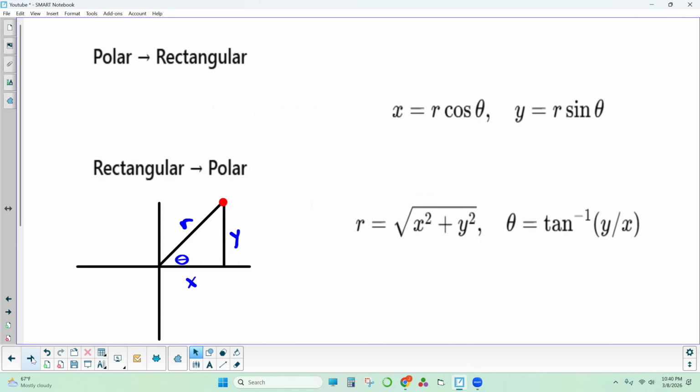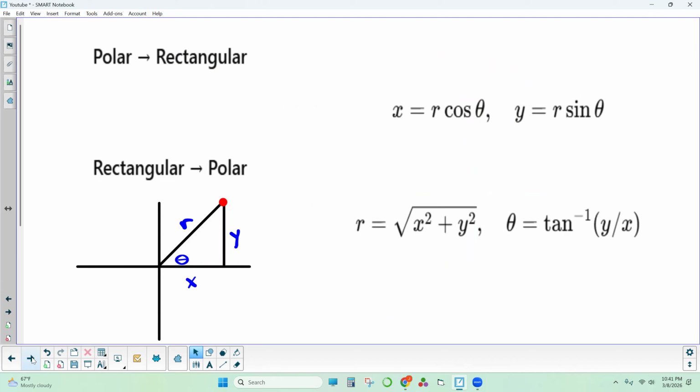If we draw a triangle from the origin to a point in the coordinate plane, as you see here in red, the hypotenuse is r, the horizontal side is x, and the vertical side is y.